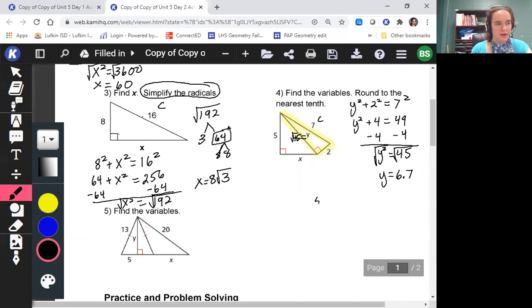So we're going to take 5 squared plus x squared equals the square root of 45 squared. And 5 squared is 25 plus x squared equals the square root of 45 squared. Remember that the square root and squaring are opposites. They cancel each other out. So we have 45. And then we're going to subtract 25 from both sides.